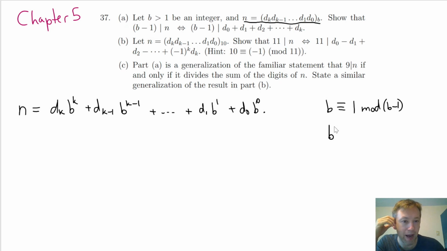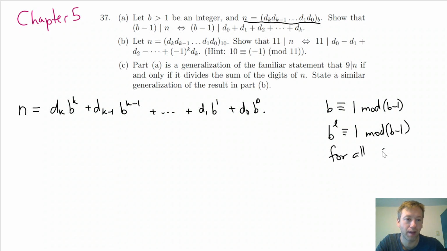So therefore, in fact, any power of b, so let's say b to the L, is 1 to the L, which is just 1 mod b minus 1 for all L between, let's say, 0 and infinity. So for all L in the integers where L is at least 0.